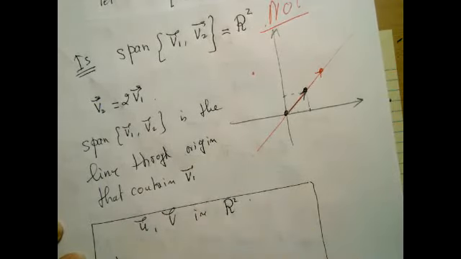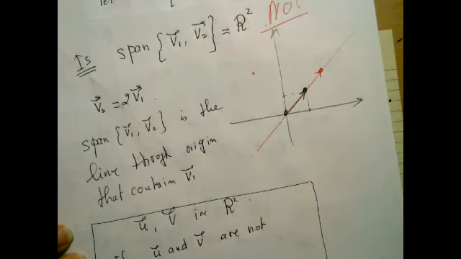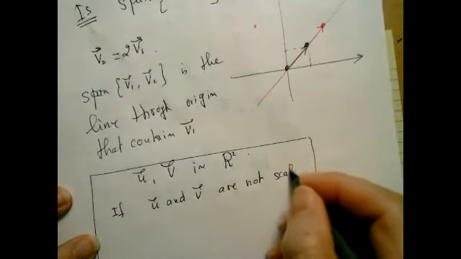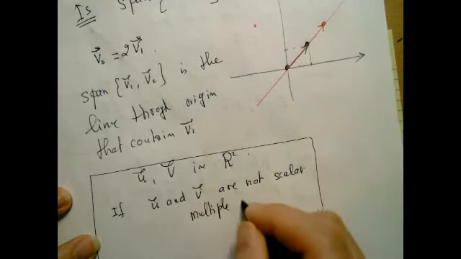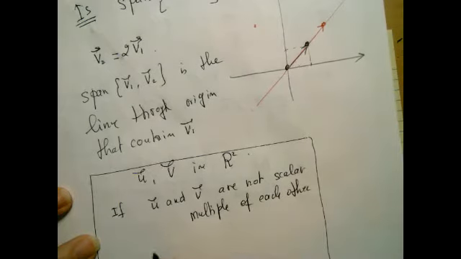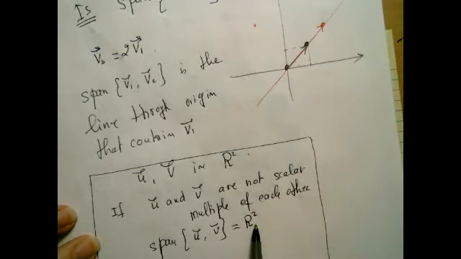So if U and V are not scalar multiples, which is the idea of parallel to each other, if U and V are not scalar multiples of each other, then the span is basically all of R2, meaning every vector in R2.